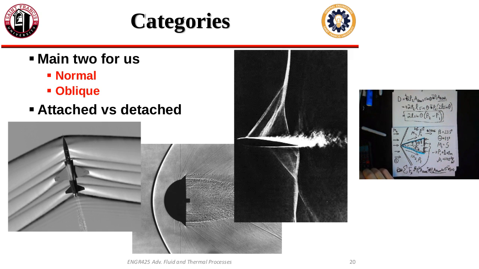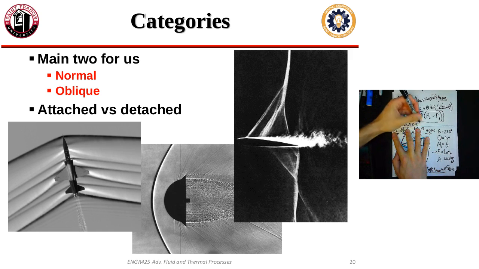Said the normal Mach number is what? The free stream Mach number times sine beta. Yep. That gets us a normal Mach number of roughly Mach 2, or 1.994.